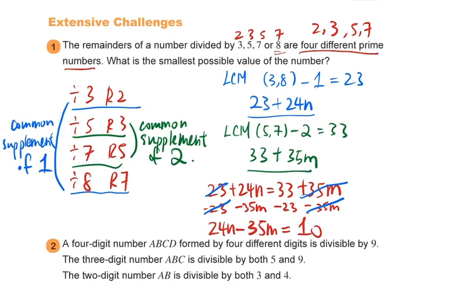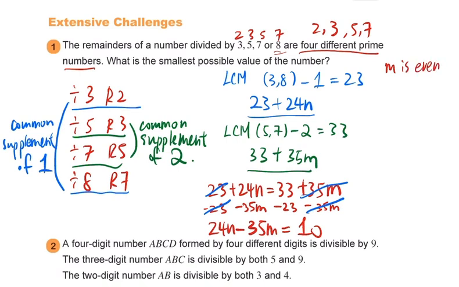Now, by odd and even analysis, 24 is even, which means 24n is even, and 10 is also even, which means that 35m has to be an even number, such that after subtracting them we end up with an even number. So it means that m is even.